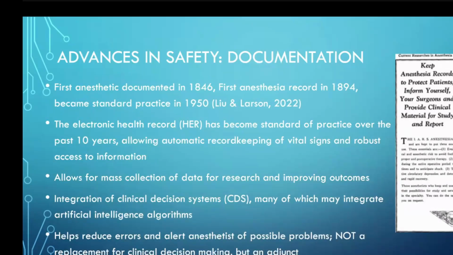So the system itself can help the practitioner to catch on to things that they might be missing. And artificial intelligence and algorithms are part of that, because they recognize these trends and then they can give feedback based on the inputs. So this helps reduce errors and alert the anesthetist to possible problems, but it is not a replacement for clinical decisions. It's just an adjunct.